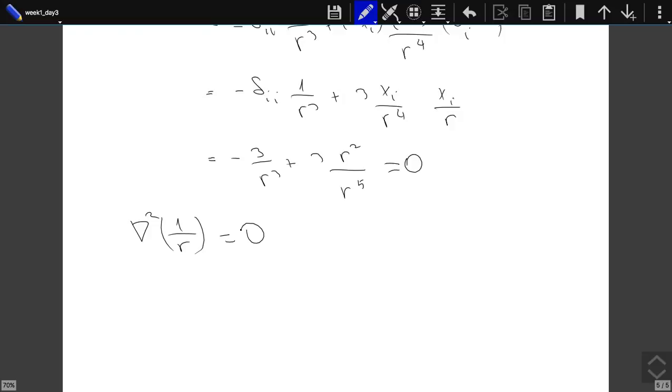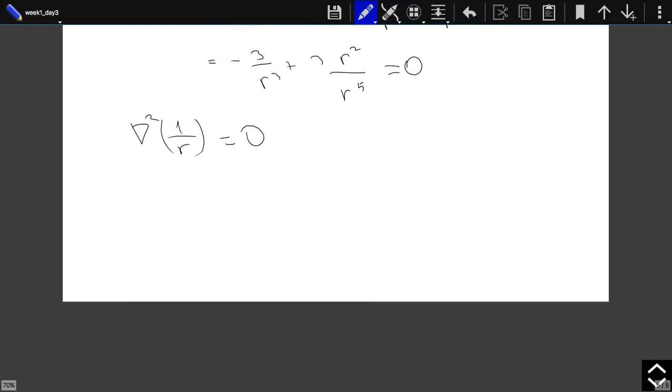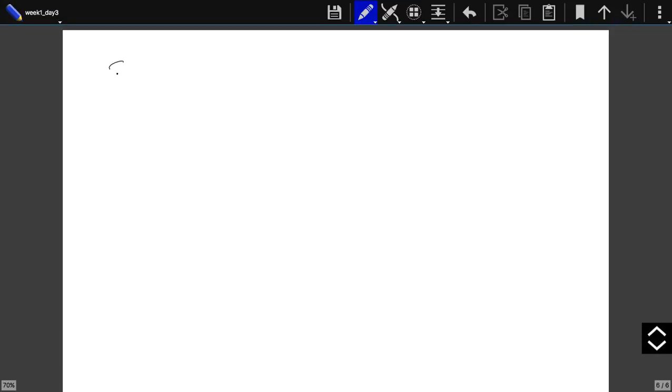Any questions on this derivation? Let's look at one more thing then. We have this Laplacian of 1 over r. We had seen that it is 0. So its integral over any volume should be 0.